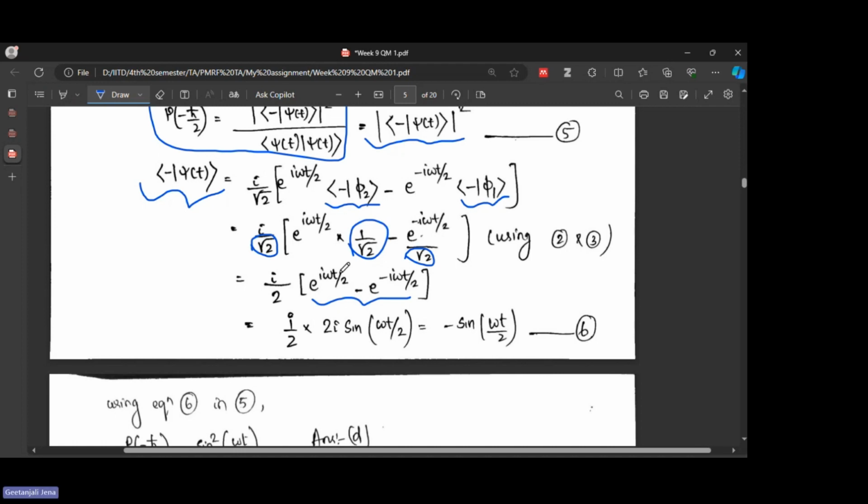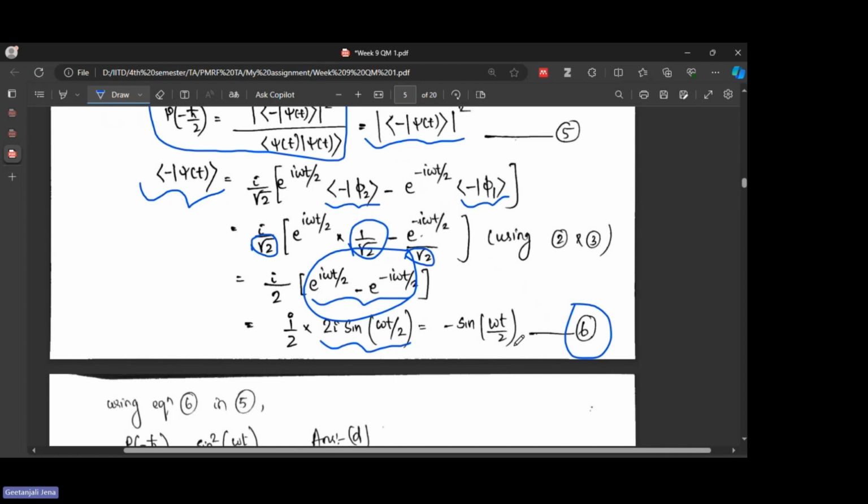This is nothing but 2i sine omega t by 2, since e to power i theta minus e to power minus i theta is 2i sine theta. So you will get the inner product of the minus state with psi t as minus sine omega t by 2.